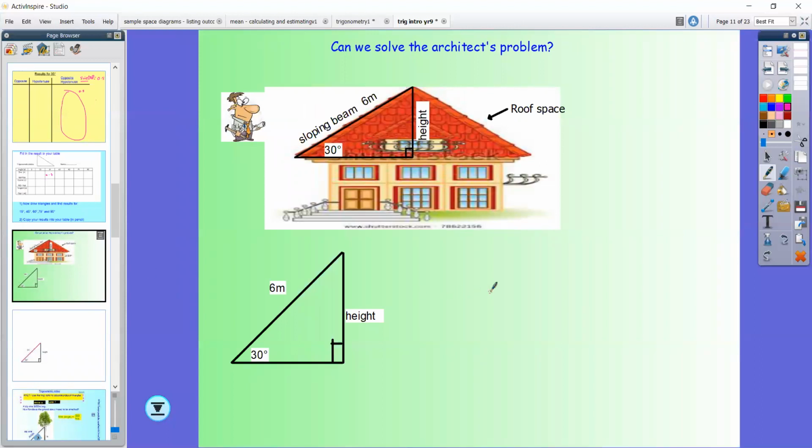Now, some people might be able to say, I can solve this problem straight away because I know the opposite, in this case this side here, the opposite divided by the hypotenuse has to be 0.5 or a half. So they might say it's 3 meters. But this is the next thing that I'm very strict on. And I think it's important when you're working with anything to do with trigonometry, and mathematically generally, that we don't lapse on what we're expecting in terms of layout.